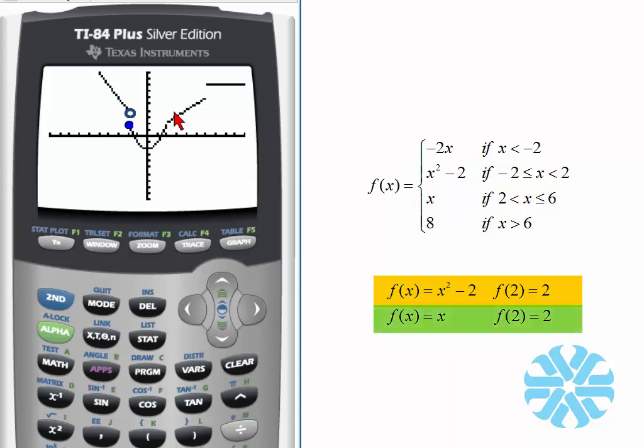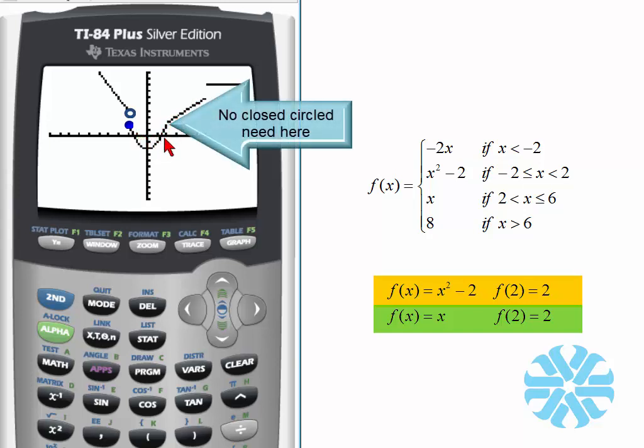And for f of x equals x, f of 2 equals 2 as well. So at this point, 2, 2, they're connected. It's the same value. The y value is the same. And the x value is the same. So at x equals 2, y is 2. Then we don't need a closed circle because these two pieces of the function are connected at 2, 2.